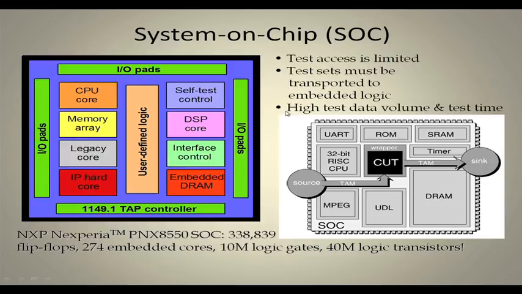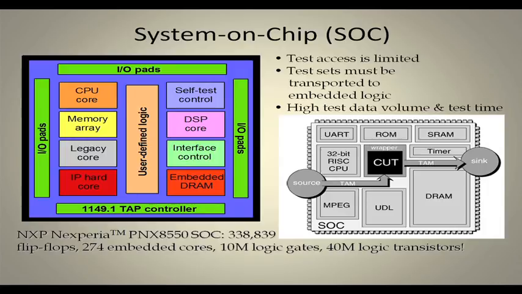The third important point is high test data volume and test time. The test data volume is high because there is a large number of patterns for every core, and there are a large number of cores, so the total test data becomes very large. Can we store so much test data in the ATE memory? That becomes a fundamental question. If the answer is no, then we have to use some sort of test vector compression mechanism, and as soon as we do that, there is a decoding stage.